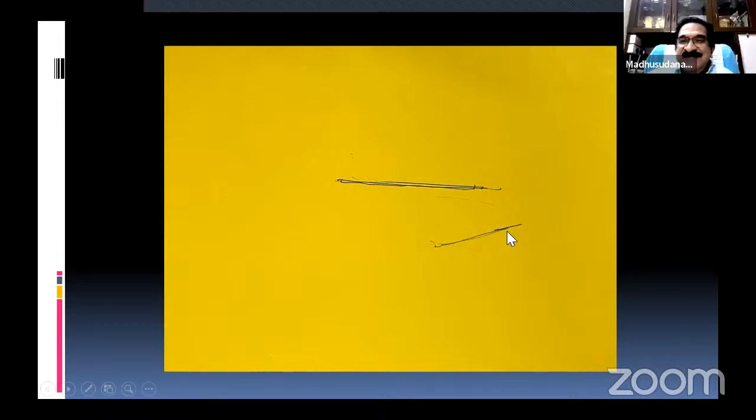Sir, where is the arrow in this diagram? I can't find the arrow. The arrow is toward this side. This is the arrow, pointing towards that side.